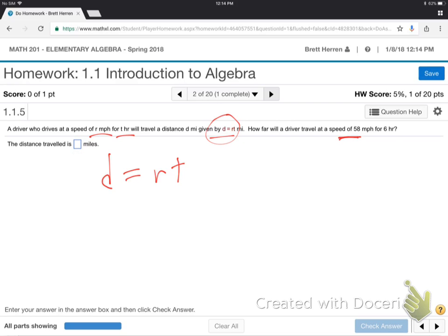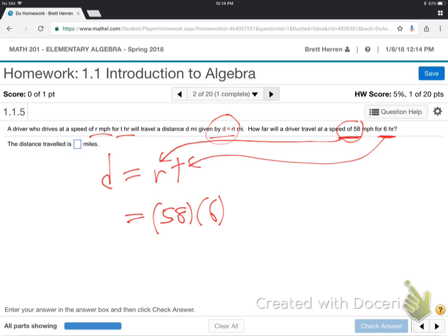And they're giving me speed of 58, 6 hours. So what do I do with that speed of 58? You take the 58 times 6, and that'll tell you how far. That's the R, and this is the time. Just plug them in. Remember, we put parentheses around things we're plugging into formulas. 58 times 6.